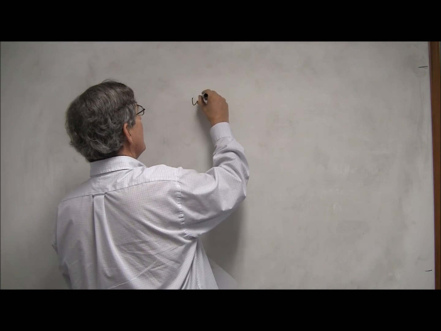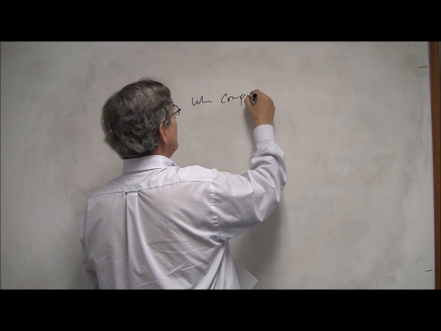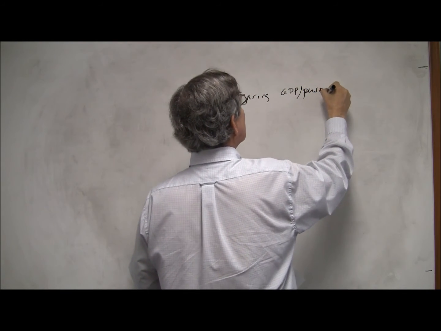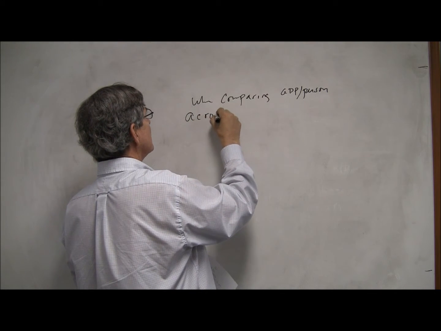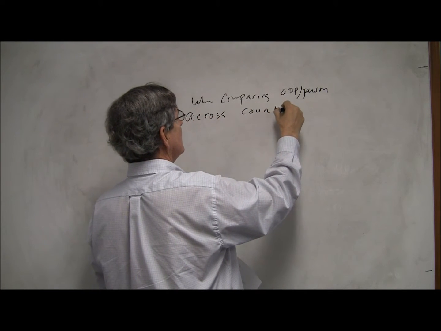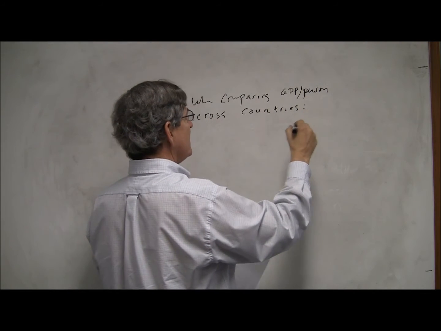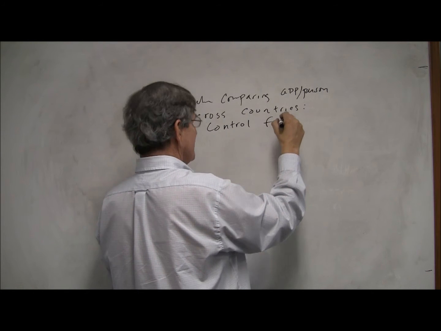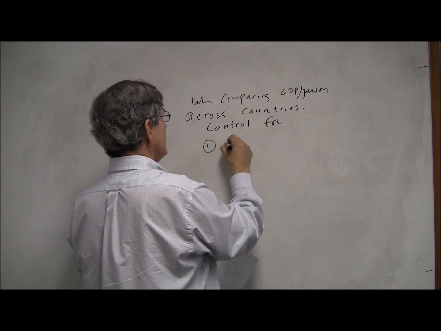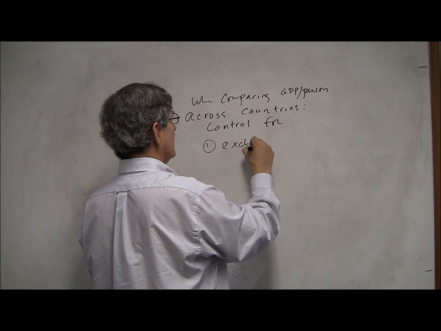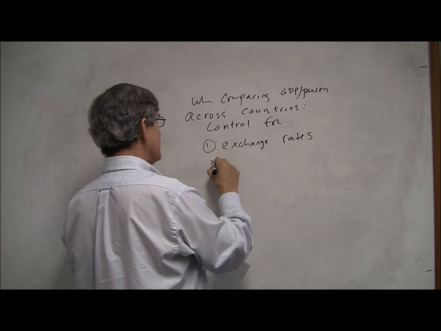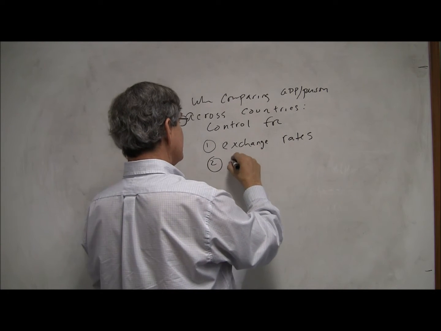So when comparing GDP per person across countries, you want to control for two main things. One is the exchange rate, and secondly, differences in prices.